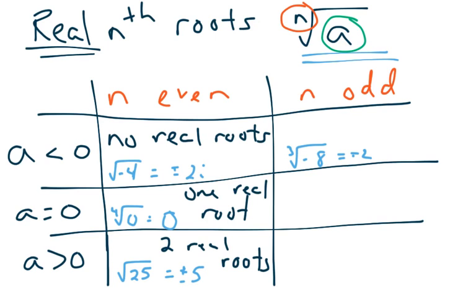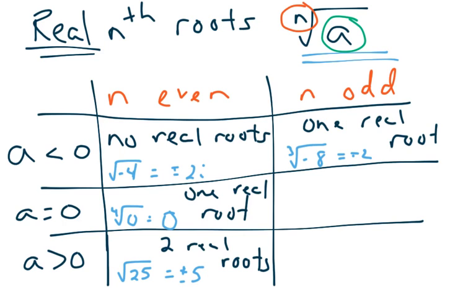So if the root is odd and the number underneath is negative, there's only one real root. Nothing imaginary about that negative 2, it's just negative. Negative is fine. One real root.